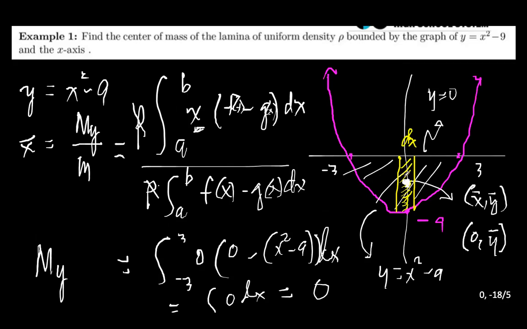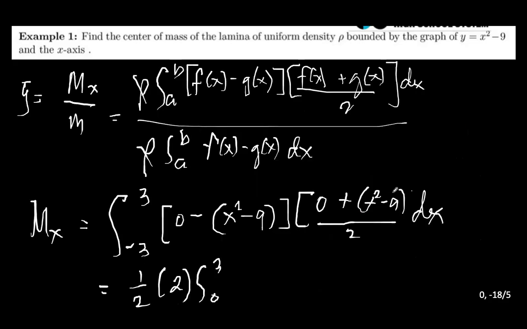So this is the first half, and the second half. Once we solve one side, we are also solving the other side. So once we solve from 0 to 3 and multiply it by 2, we are solving for the moment of the lamina.